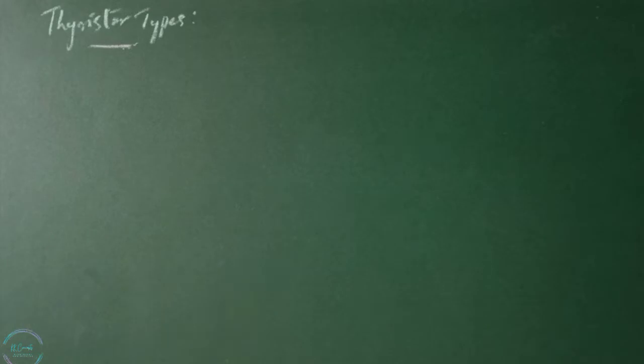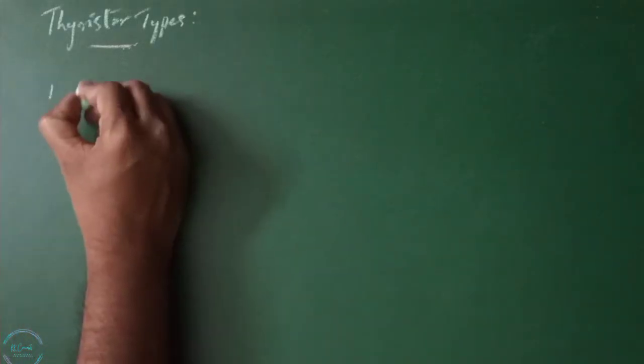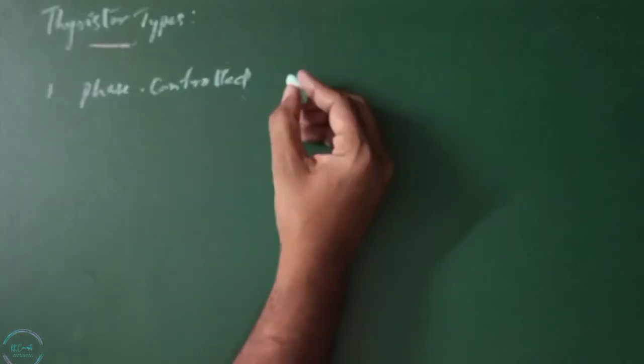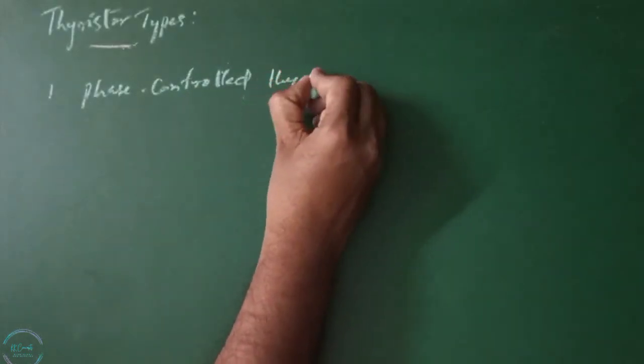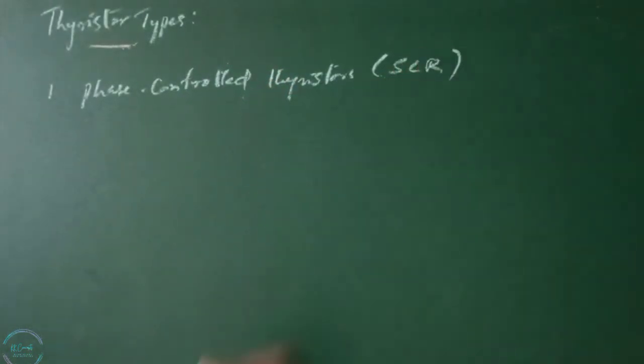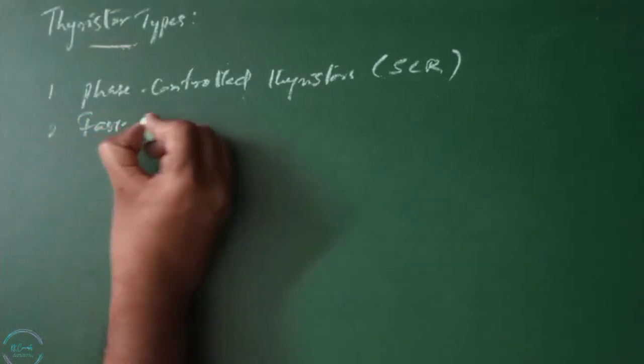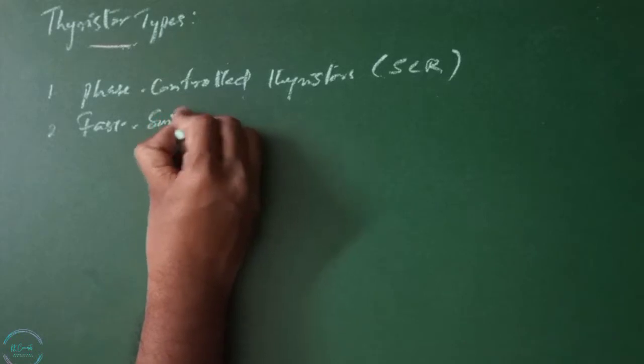So depending upon a physical construction and turn on turn off behavior, thyristors are classified as, first one, phase control thyristors known as SCR, silicon controlled rectifiers. Second one, fast switching thyristors.